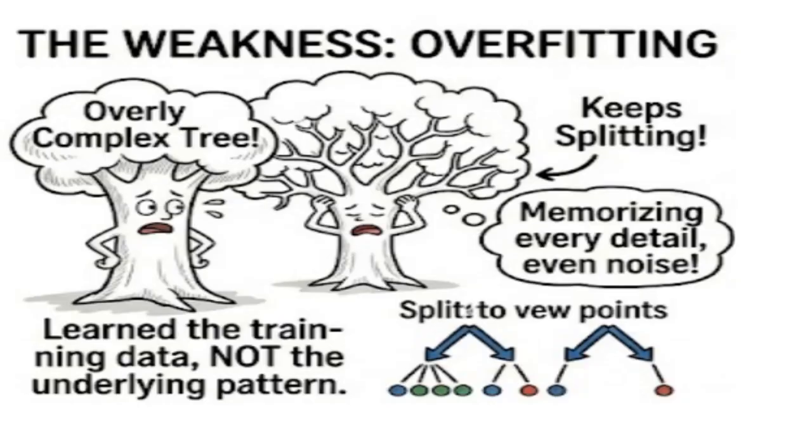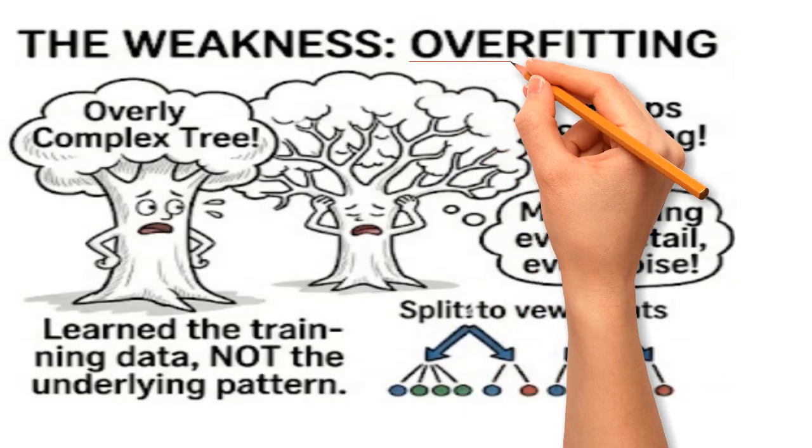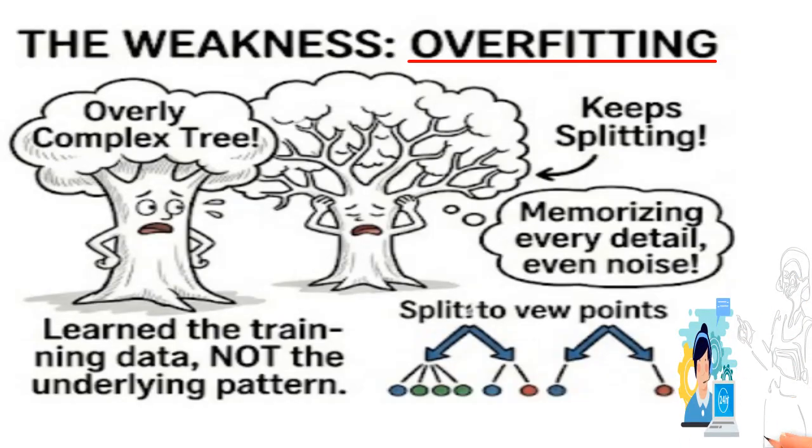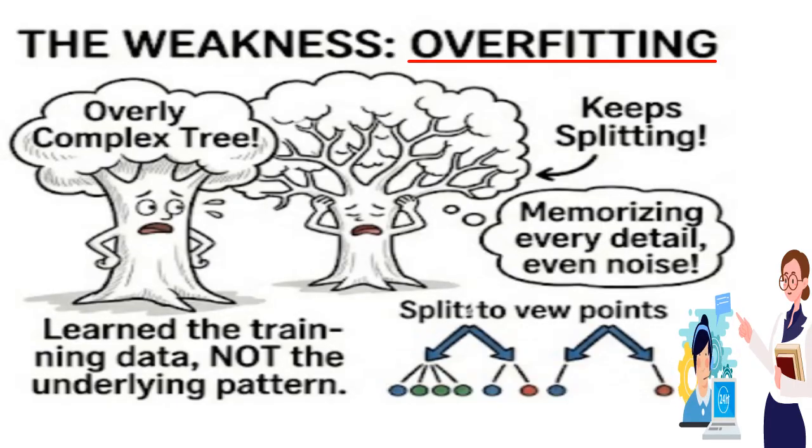This problem is called overfitting. Overfitting happens when a model performs very well on training data, but poorly on new, unseen data. It's like a student who memorizes all the answers to a practice test. They might score perfectly on that test, but struggle when the questions change slightly. The model has learned the data, but not the underlying pattern.